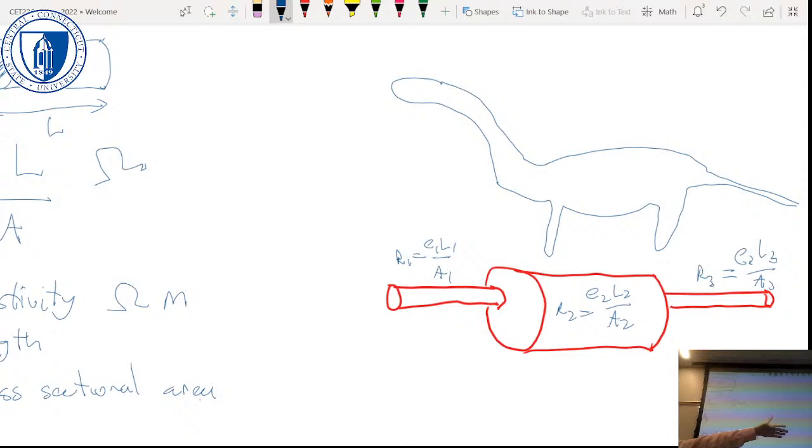So here's a table of, in the middle column, the rho values, the resistivity values, and in the right-hand column, the alpha values, the temperature coefficients. And you can see for the metals, those alpha values are positive.